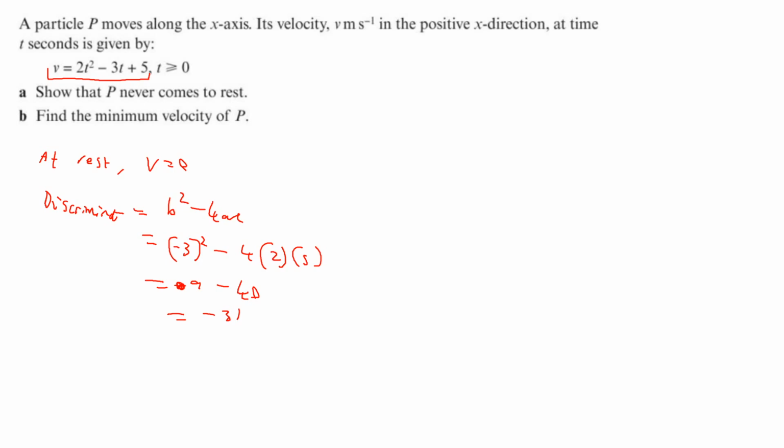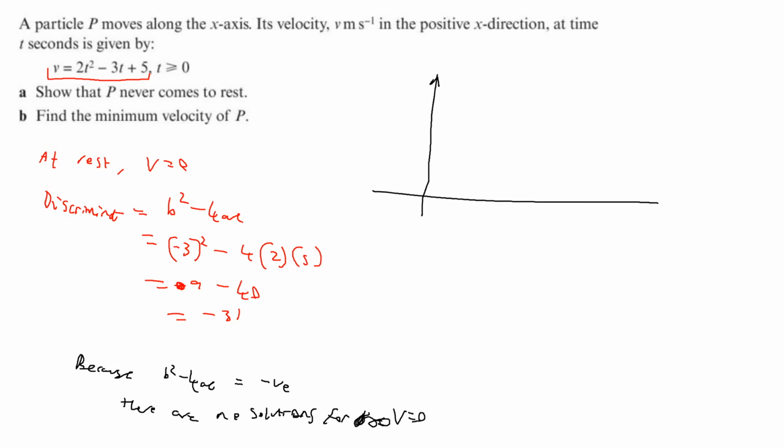Because the discriminant is negative, there are no solutions for v equal to 0. And if we look at the graph, it will look something like this.